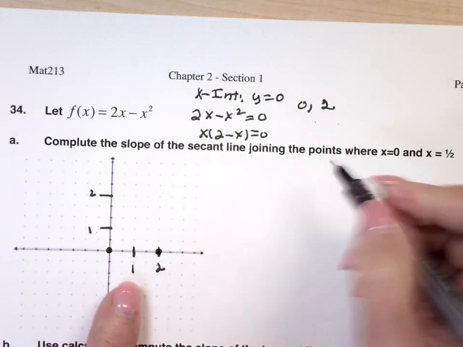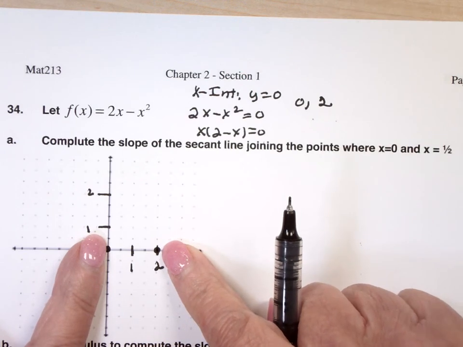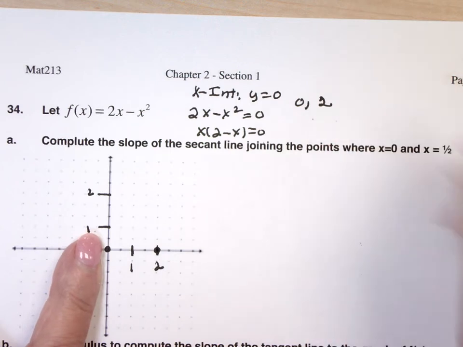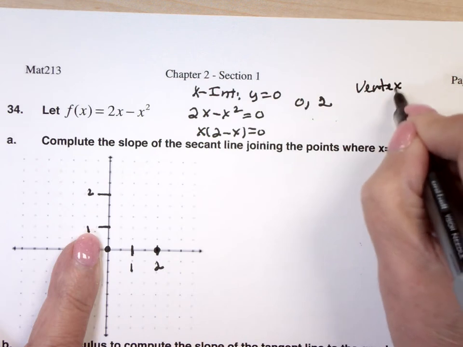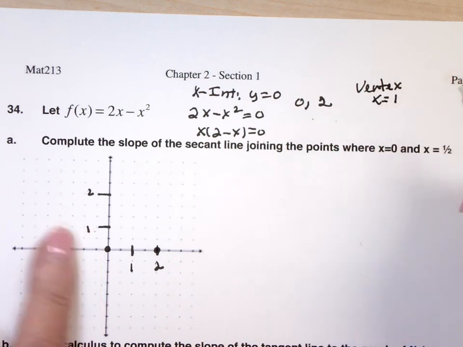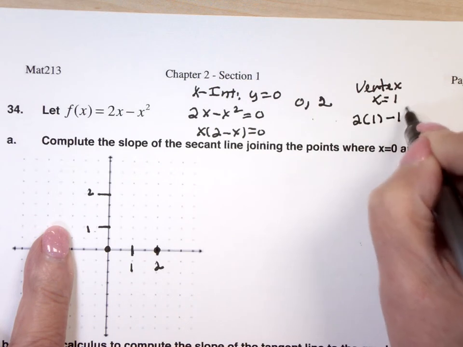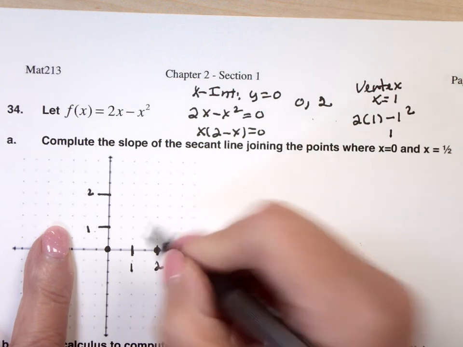Where's the vertex? If 0 and 2 are my intercepts, the vertex is at 1, because it's in the middle. So the vertex is x equal 1, and y is 2 times 1 minus 1 squared, which is 2 minus 1, or 1.